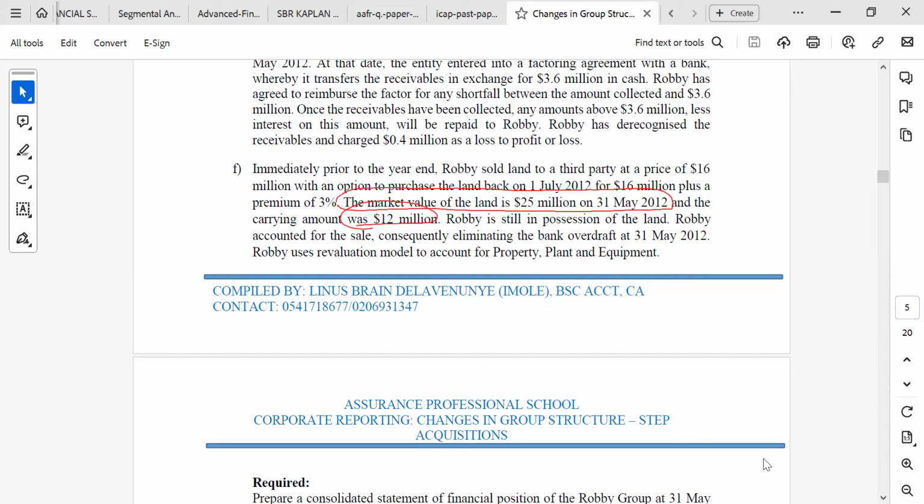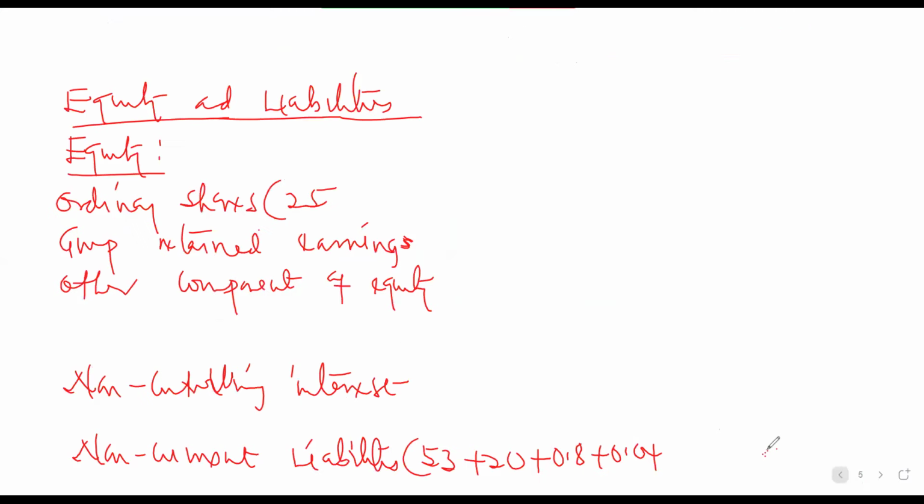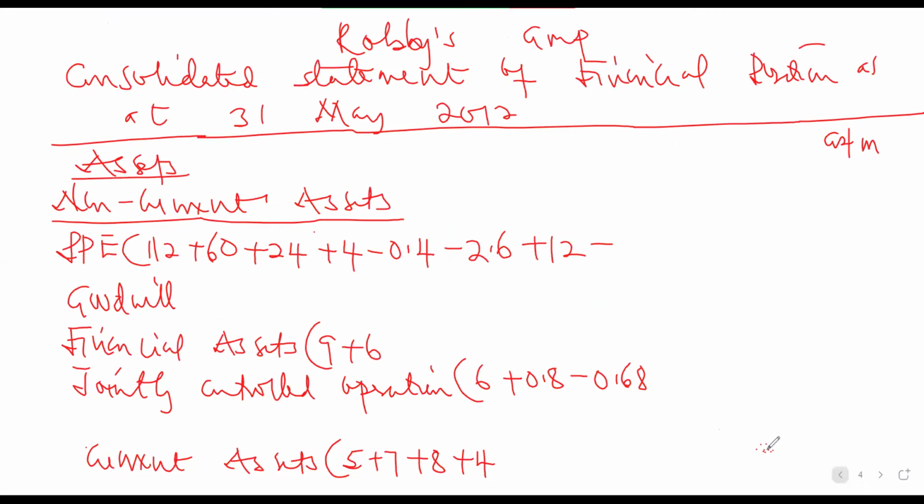What will be the revaluation surplus there? 13. Okay, so we go to our other component of equity. We have a revaluation surplus of 25 minus 12, which gives us 13. You go to your PPE, then add your 13 to make it 25.